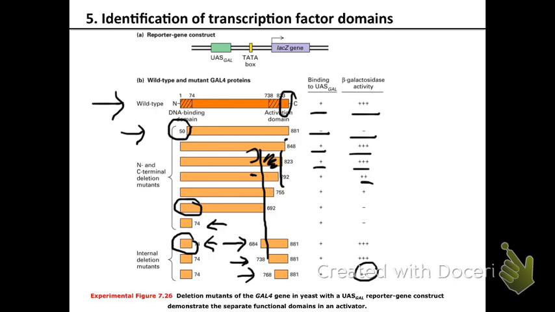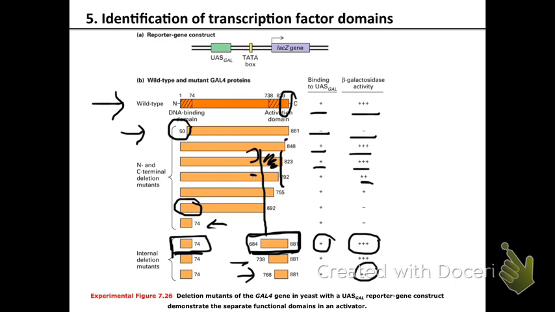And the reason I can say that is that if you only take those 74 amino acids, and if you take the region of the protein containing the activation domain, you can bind to DNA and you can activate transcription just as well as the wild type. So you know that this domain is sufficient to bind to DNA, and this domain is sufficient to activate transcription, right? Necessity and sufficiency. These are different things.